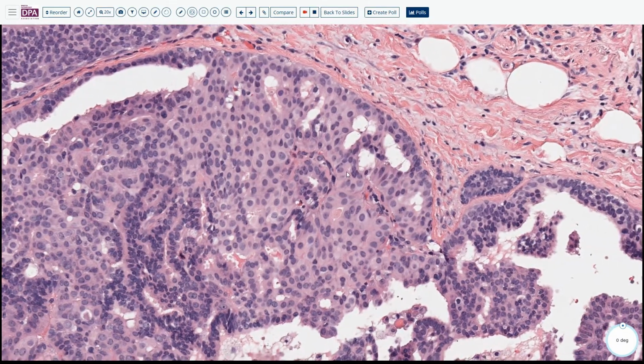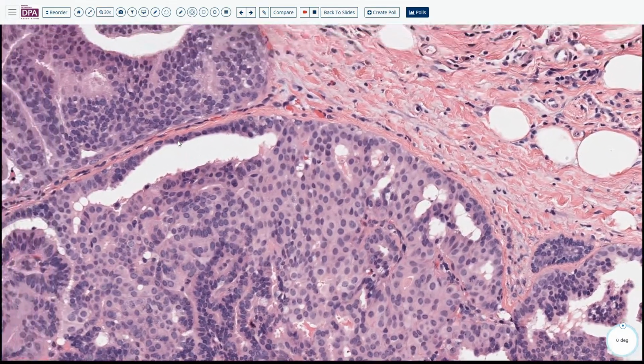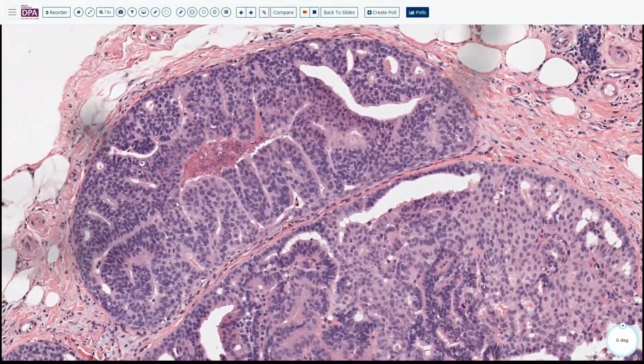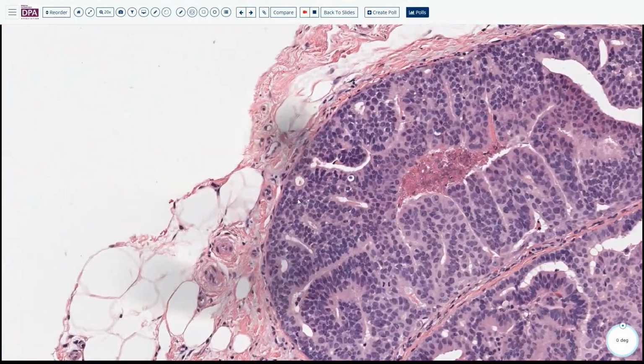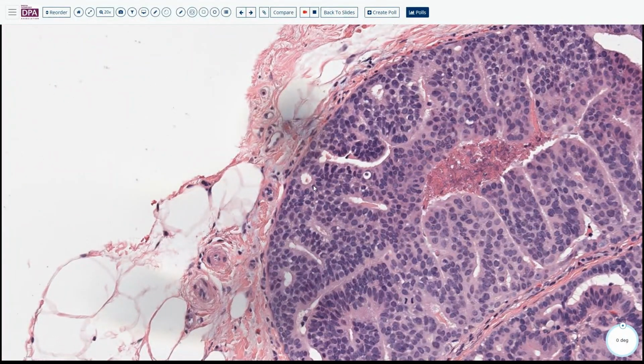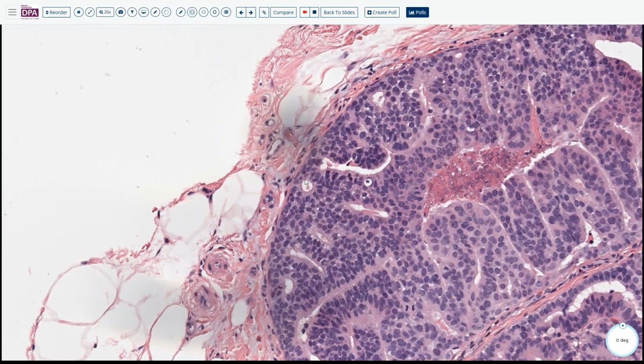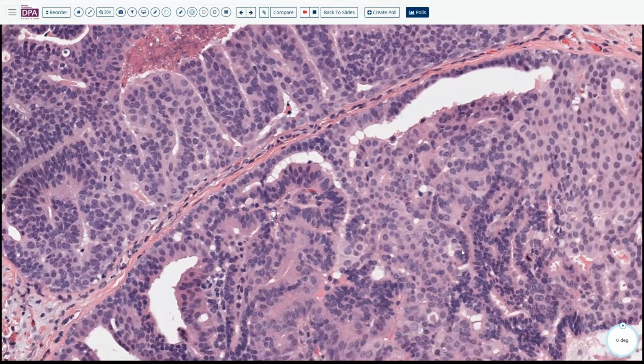And then another feature is that, like here, this one a little bit better, we can see this tumor cell kind of palisading around this lumen, and this lumen is kind of rigid because this is a tumor cell.